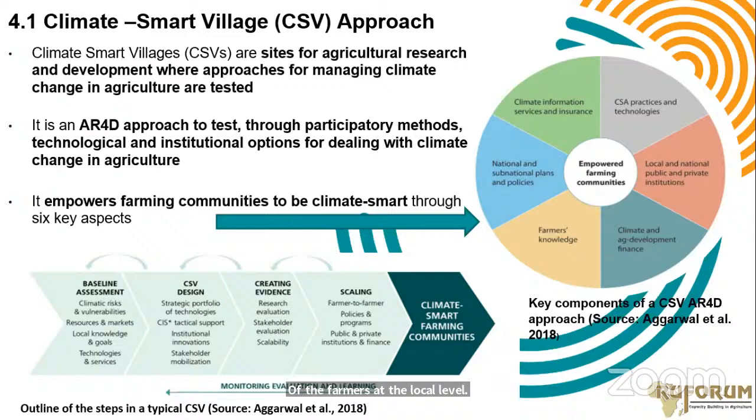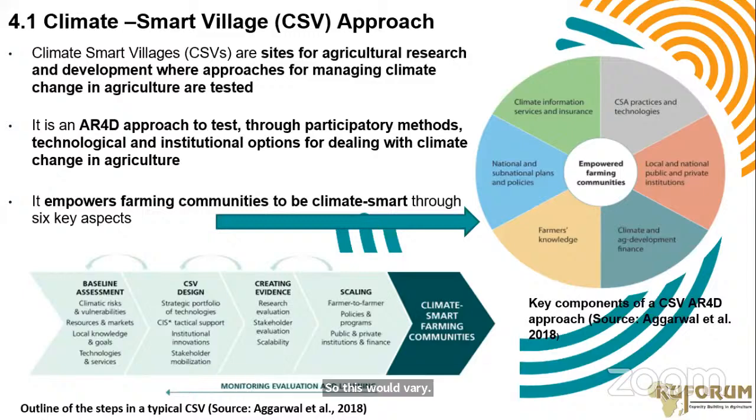And this is meant to help design the climate smart village. And this basically means that the design of the climate smart village would vary from one location to the other, depending on what their priorities are, on what the prevailing climatic conditions are, the type of soils, and so on and so forth. So this would vary.